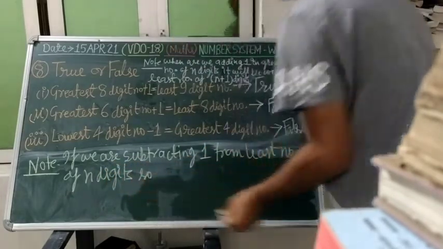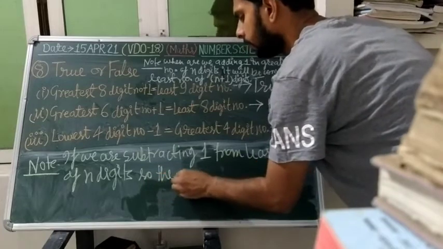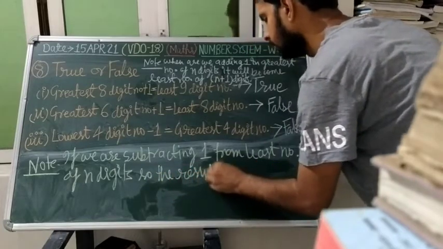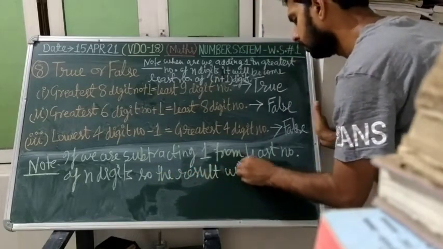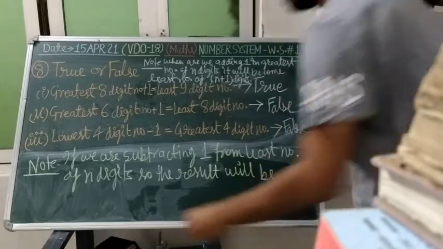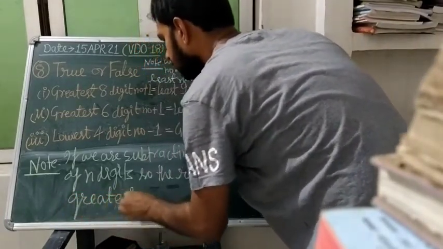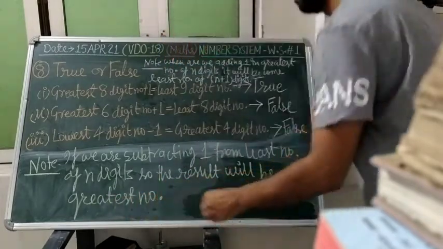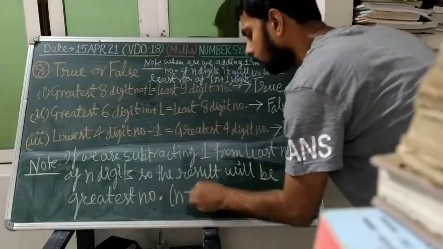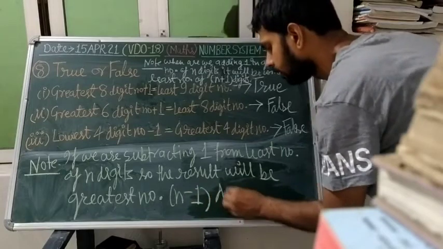So the result will be the greatest number of n minus 1 digits.